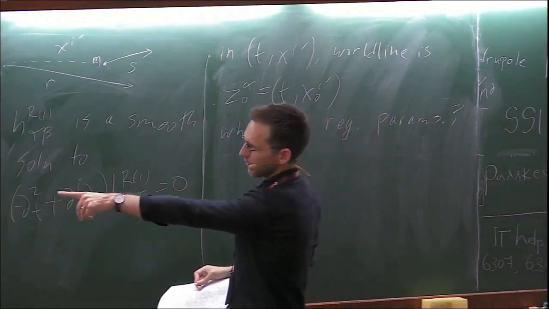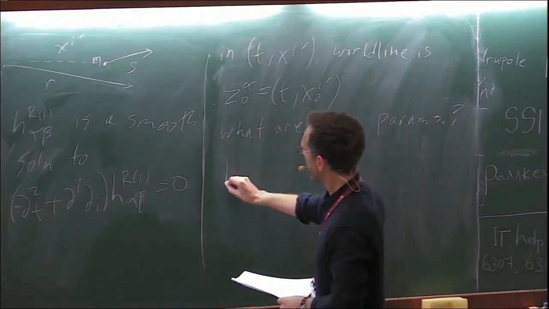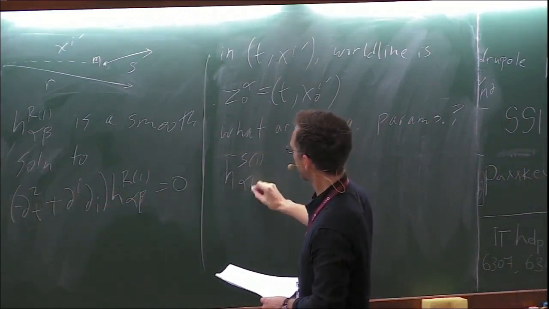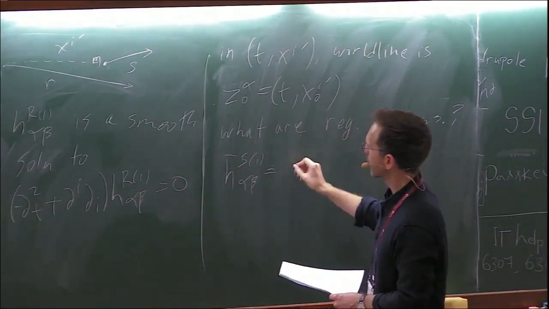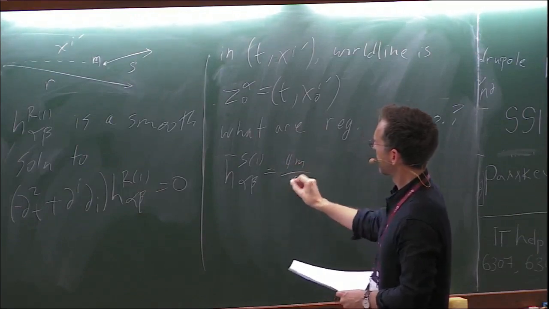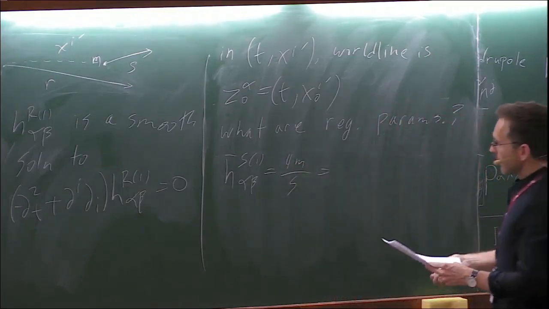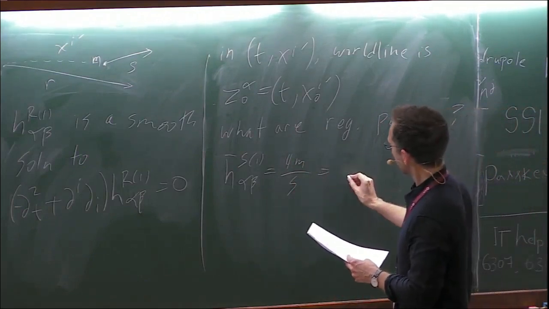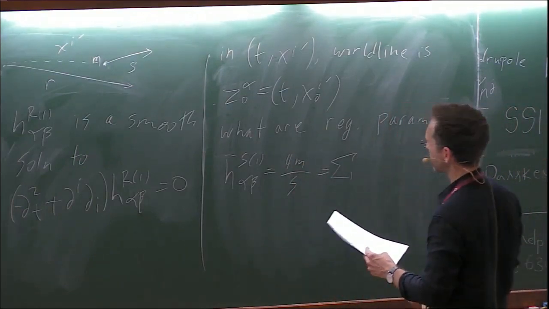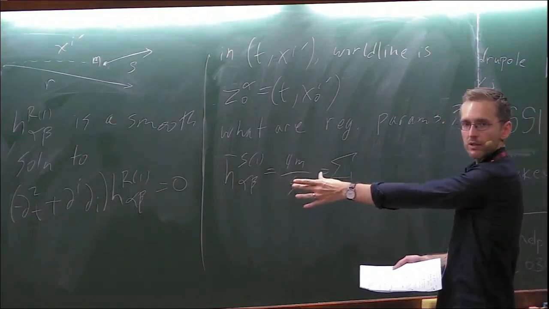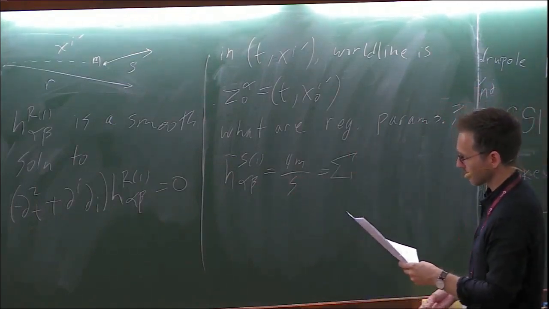So let's take what we've got over there and write it as the sum over modes. Now, hopefully you've seen this formula for just 1 over distance from a point in terms of spherical harmonics.